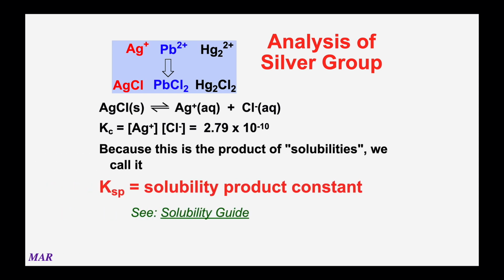It's called a Ksp, a solubility product constant. It's the product of solubilities. I guess that's where it comes from. Anyway, Ksp is another kind of equilibrium constant. And Ksp is used for figuring out when solids form and when solids don't form. Ksps are just as handy, arguably, as Kas, Kbs, and all these other kinds of things we've seen so far.